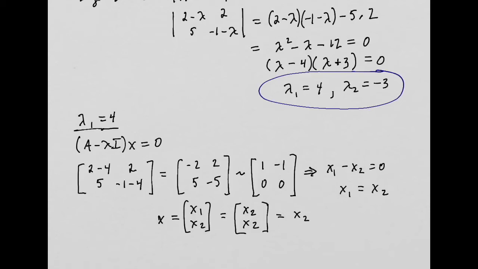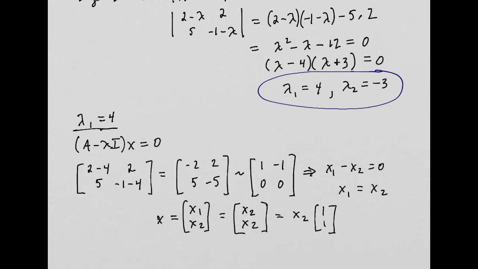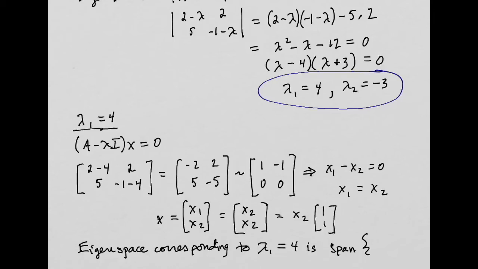So I've got x2 times the vector 1, 1, and then the eigenspace corresponding to lambda 1 equals 4 is the span of the set containing the vector 1, 1.